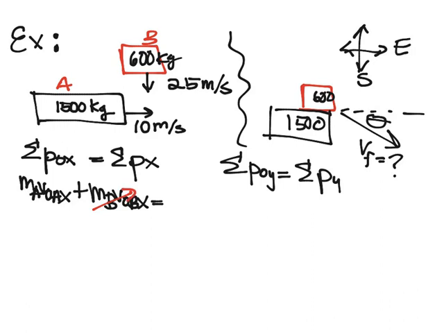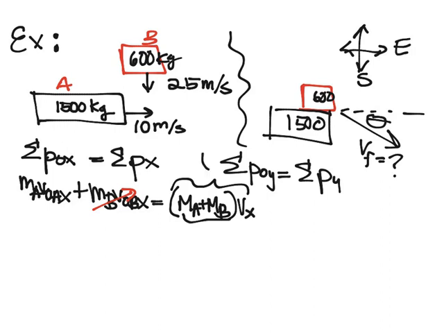And that is equal to, they kind of move together as one object, MA plus MB together times the final x velocity. Remember that momentum is mass times velocity, but since they're moving at the same speed, I just combined their masses. Okay, so that's what's happening in the x direction.